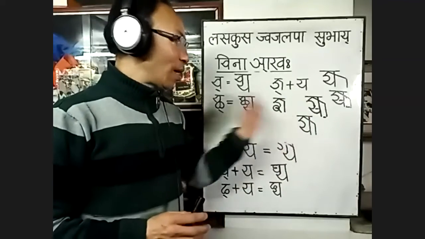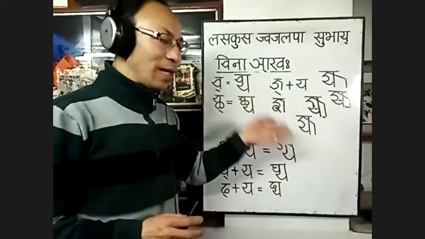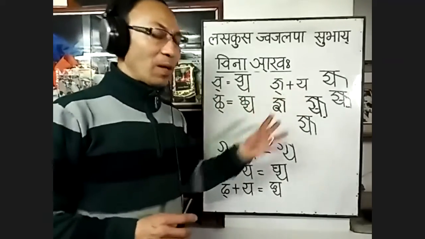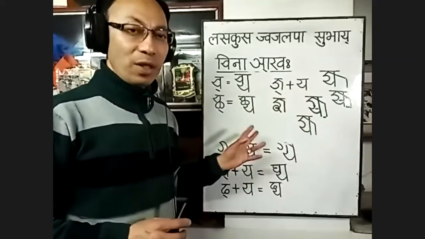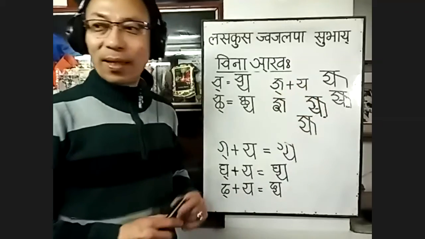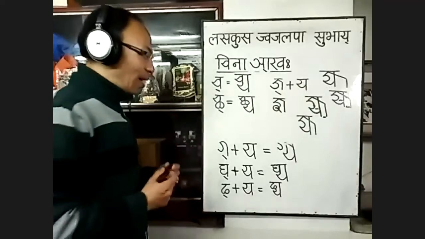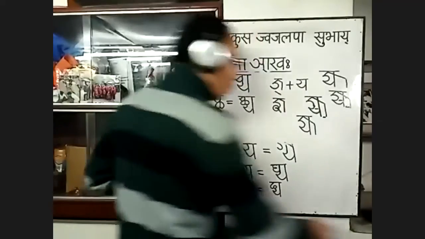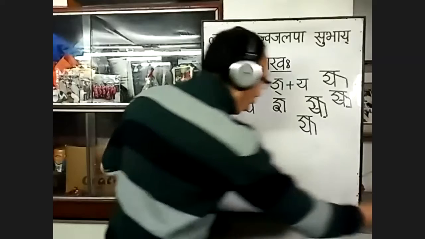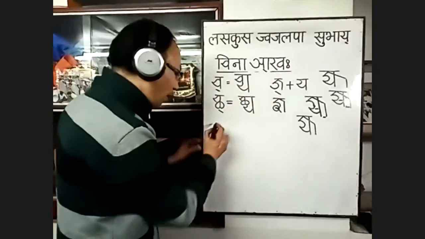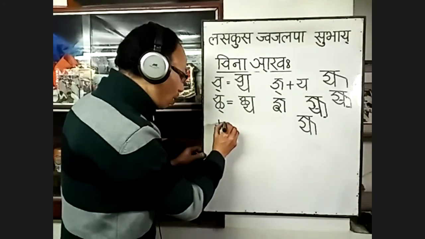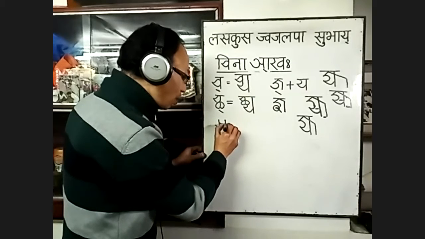So jaw is when ya is added to ja, and the letter is pronounced as jaw. So it is written like this. And the cha is the other letter that has two lines touching at the mo.